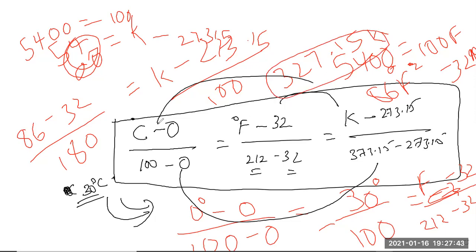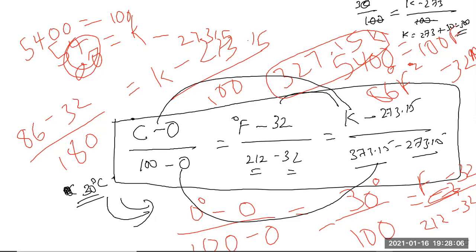If I equate these two, C by 100 is nothing but 30 divided by 100, equal to K minus 273. I am just taking 273 to make the calculation easier. 373 minus 273 is 100. This 100 and this 100 will cancel. So K is 273 plus 30, which is 300 point something. So you will get around 300 Kelvin.